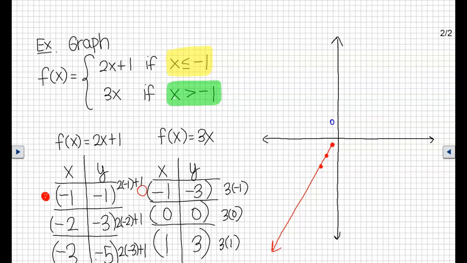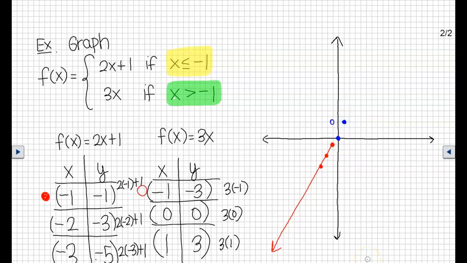Then you've got 0, 0. And then you've got 1, 3.